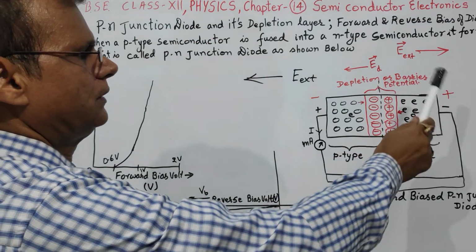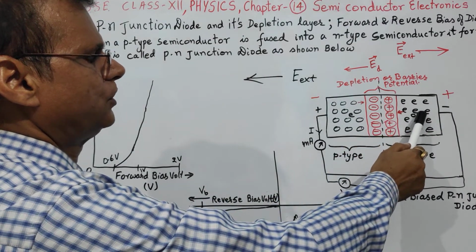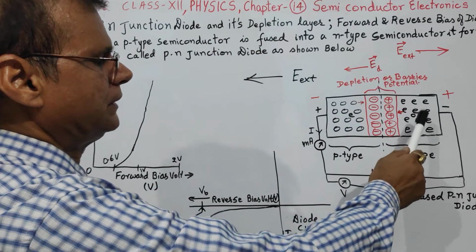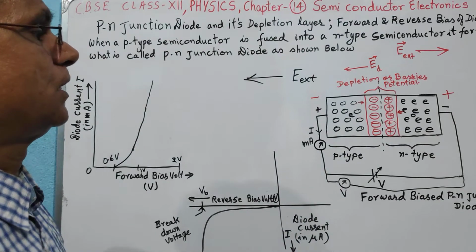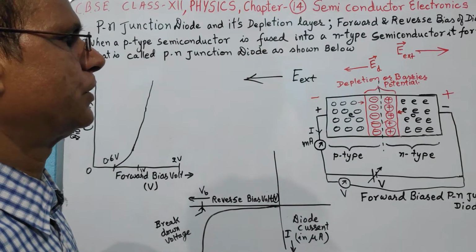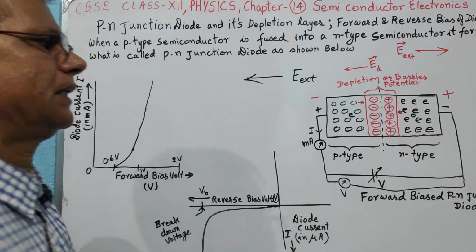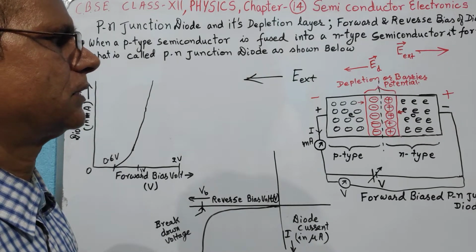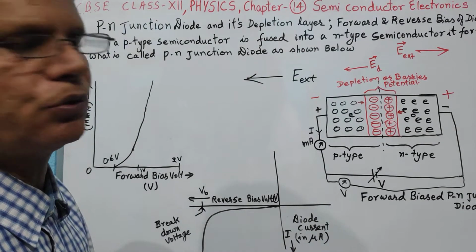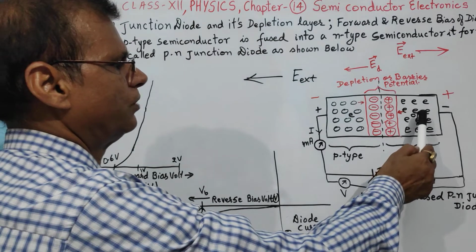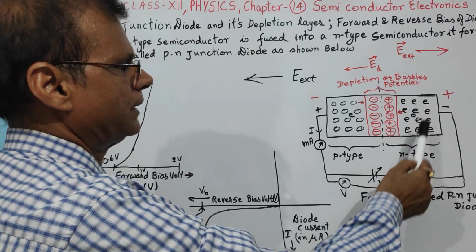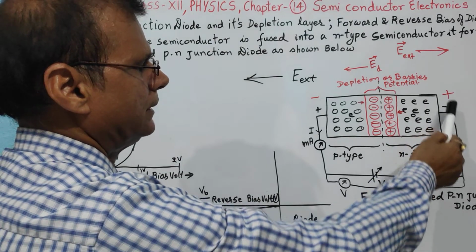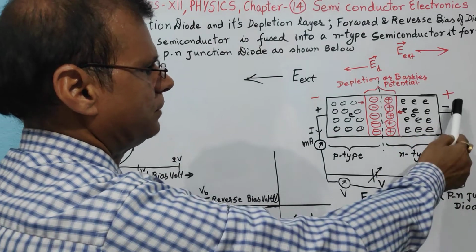Now in this case the holes present, the minority charge carriers in the N type semiconductor, play an important role, and majority charge carriers are no longer playing any role, because the holes, the minority charge carriers present in the N type semiconductor, are repelled by the external electric field's positive terminal.